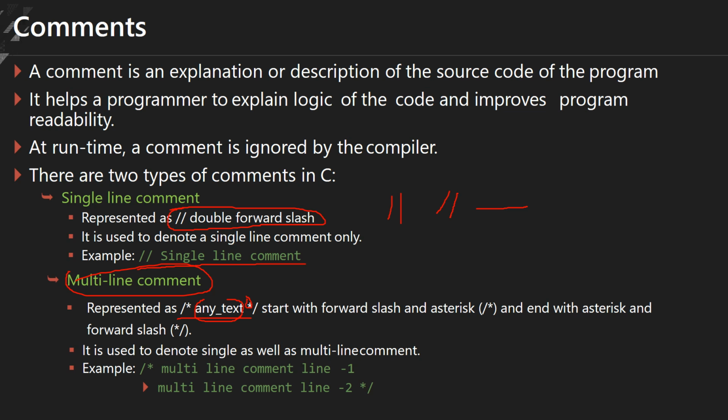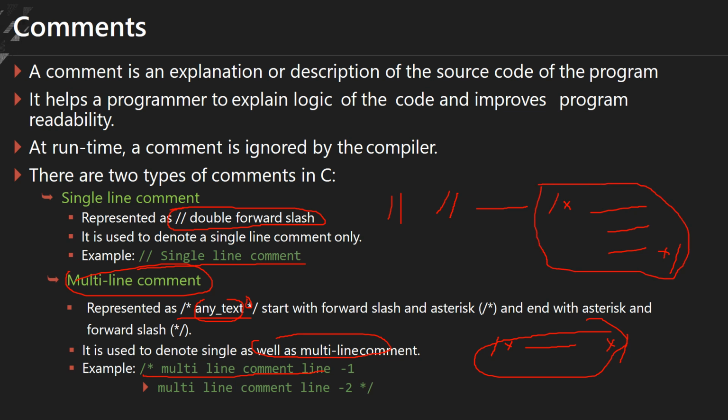You can use it for a single line as well as multiple lines, so both are possible. Suppose you start with forward slash star, write multiple lines, and then close it. You call this a multi-line comment.